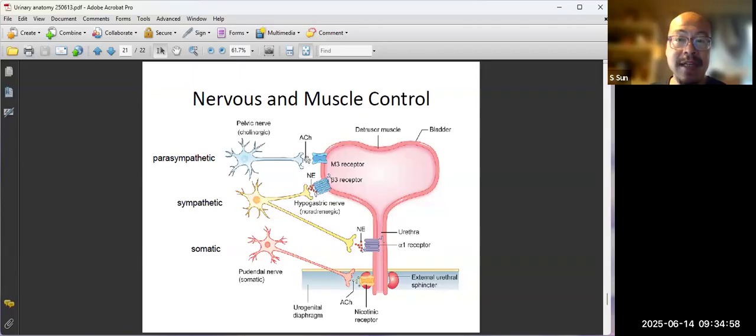In our earlier lecture, we talked about the nervous system, so we should know this already. Parasympathetic, in the end, releases acetylcholine. Sympathetic releases norepinephrine, which works on its receptor. Our motor neuron releases acetylcholine, acting on the nicotinic acetylcholine receptor. So we know this already.